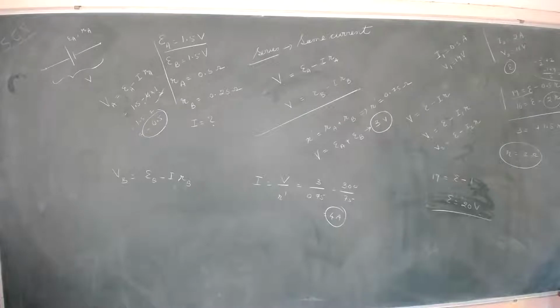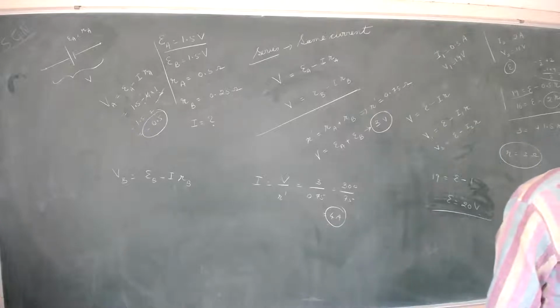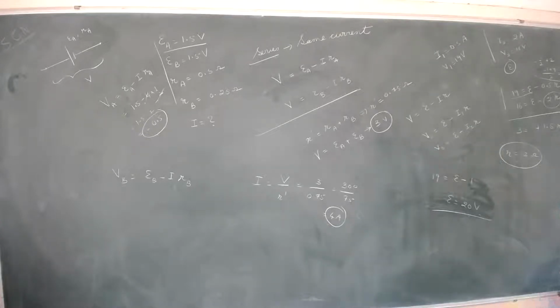So 3 cells of EMF 2 volts, 1.9 volts, and 1.8 volts are connected in series. The internal resistances of the cells are 0.05 ohm, 0.06 ohm, and 0.07 ohm respectively. The battery is connected to an external resistance of 5 ohm via a very low resistance ammeter.